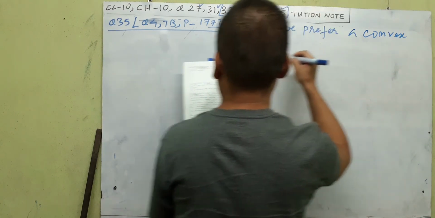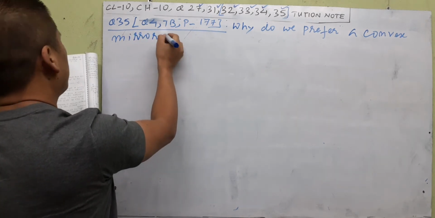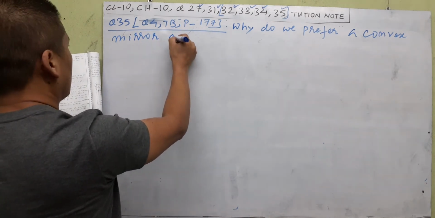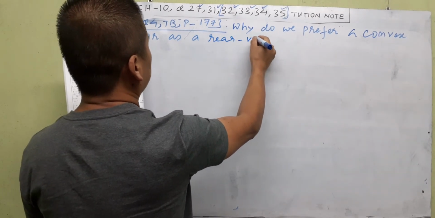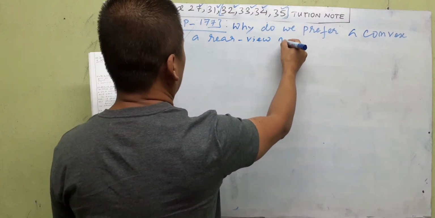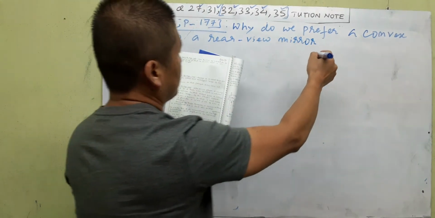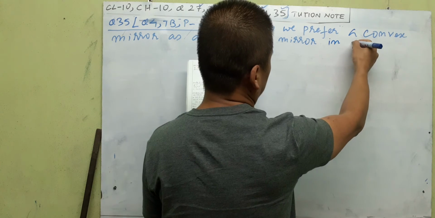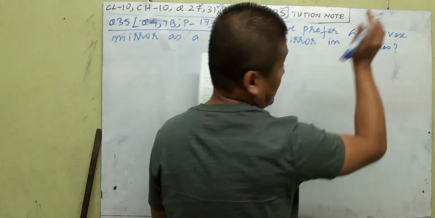Why do we prefer a convex mirror as a rear view, meaning backside view mirror, in vehicles, and not concave, and not even plane mirrors? Why do we always use convex?